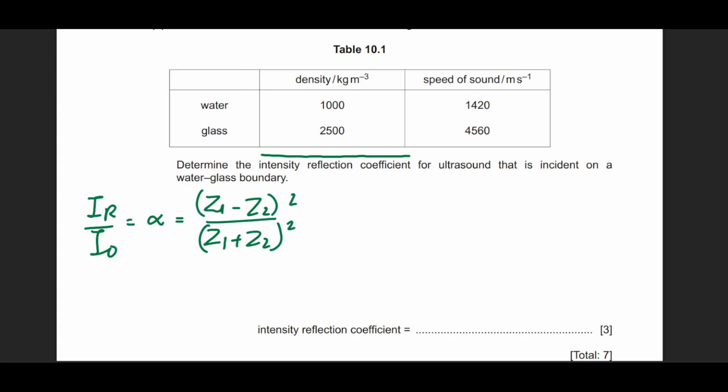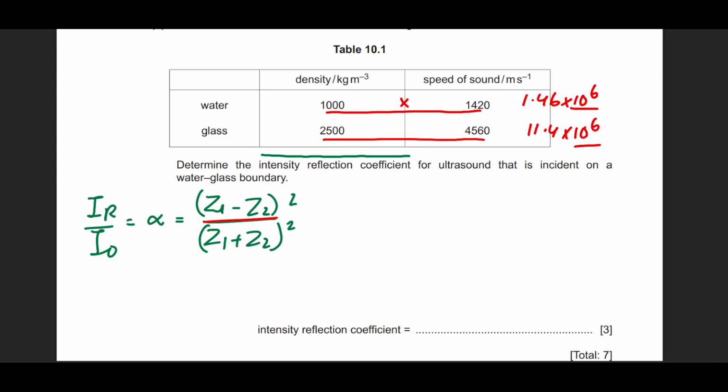But how do you find out the acoustic impedance? So you have to multiply these values together because these are the densities and the velocities, right? So after multiplication for water, the answer comes out as 1.46 into 10 raised to power 6, and this comes out as 11.4 into 10 raised to power 6 for glass. Yeah, I'm ignoring the 10 power 6 in this formula because it does not matter.